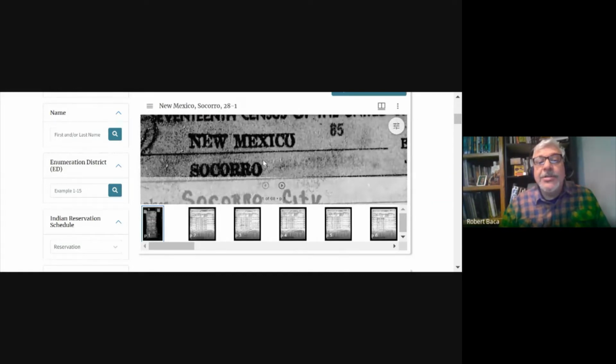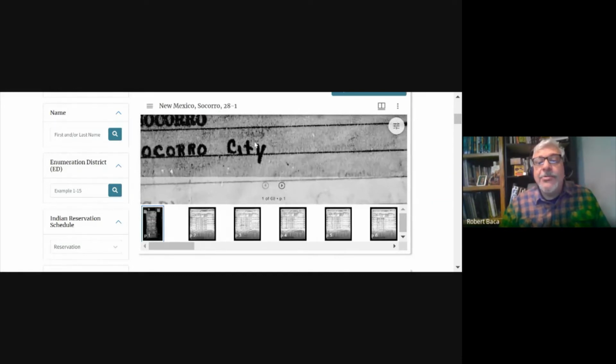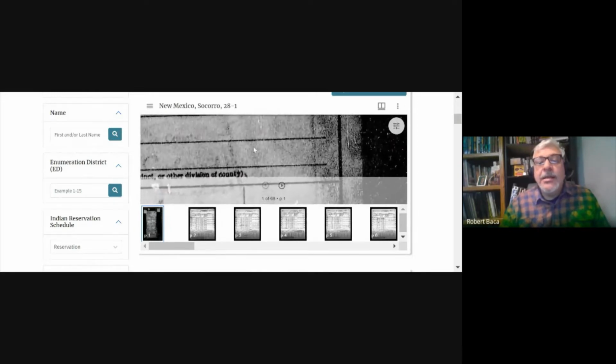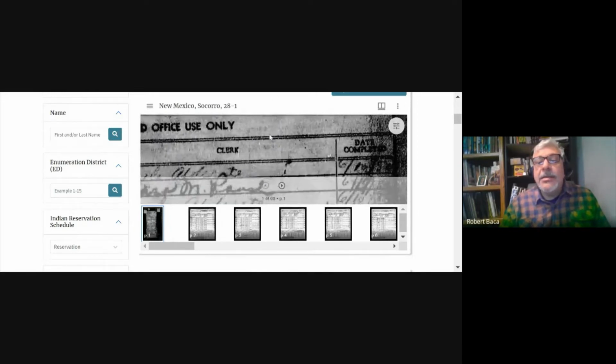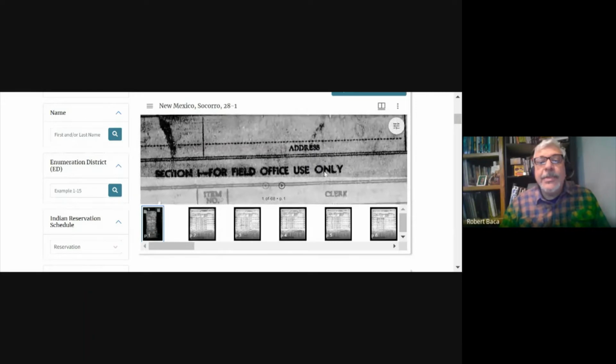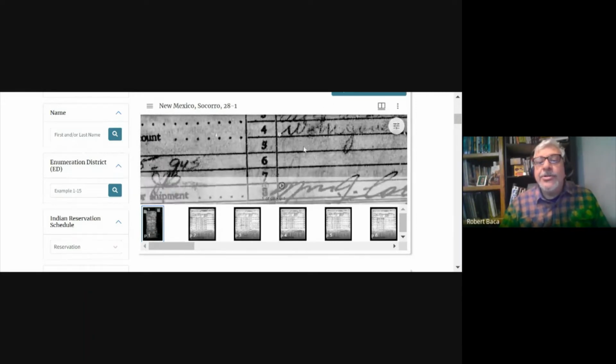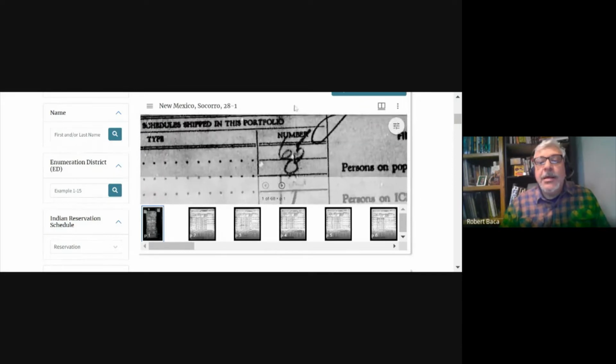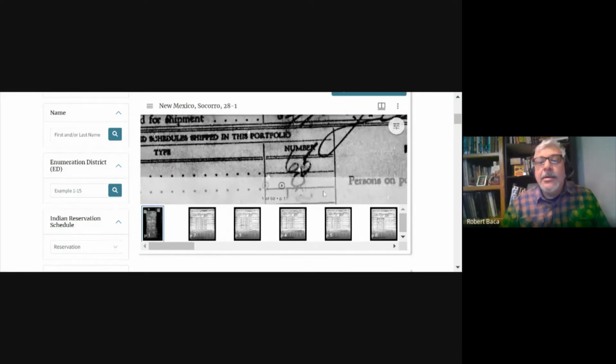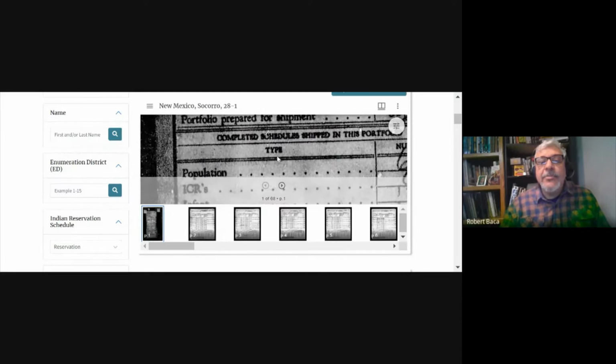For instance, it says New Mexico, Socorro County, Socorro City, and let's see, it has a number of names of clerks who worked on this. Let's see, what else does it have here?